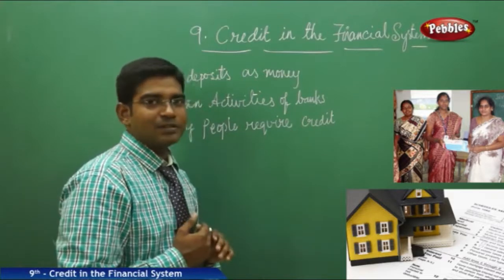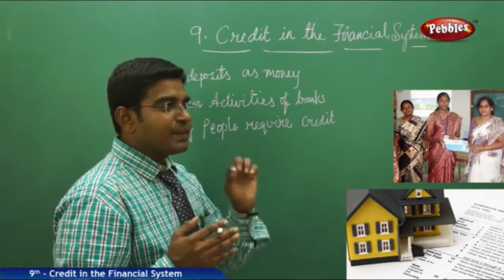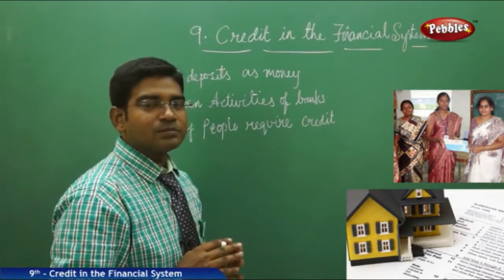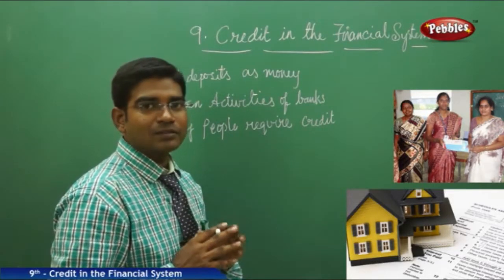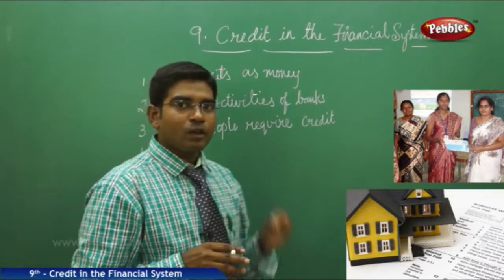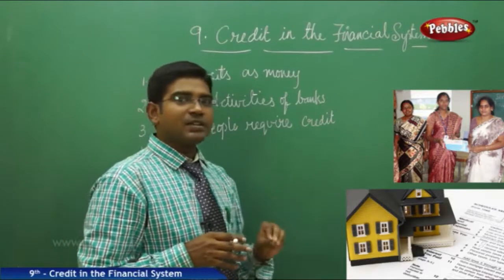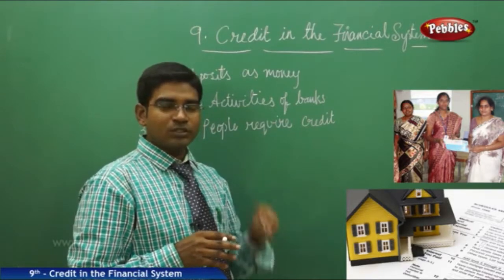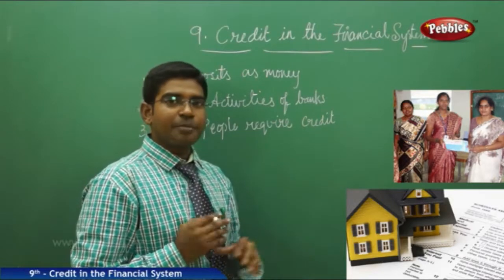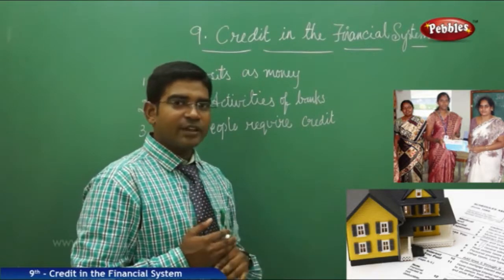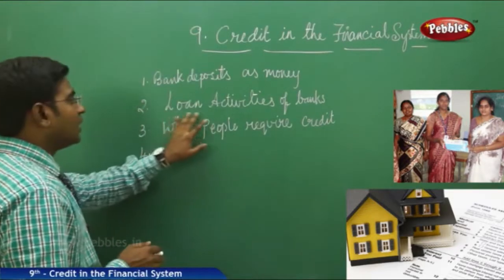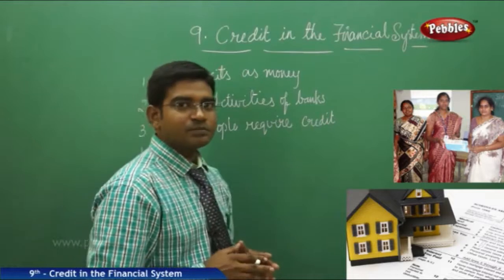Out of those 100 people, 80 don't ask for money back, and fewer than 20 people ask for the money. So every bank holds 15% as cash according to the RBI rules in India, and the remaining amount they put in a liquid state where they can issue loans, which we are going to cover in the loan activities of banks.